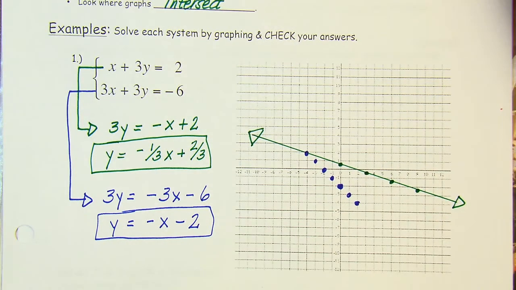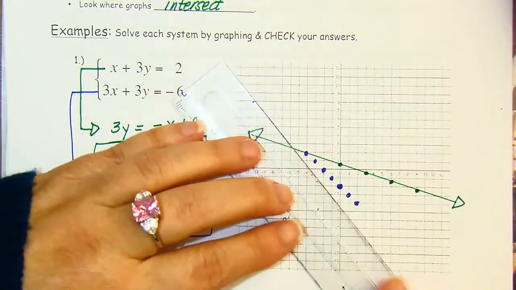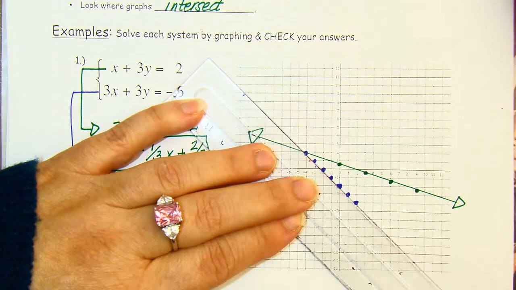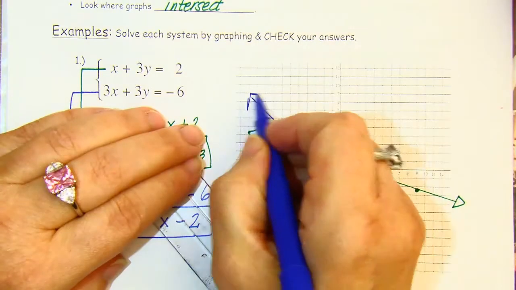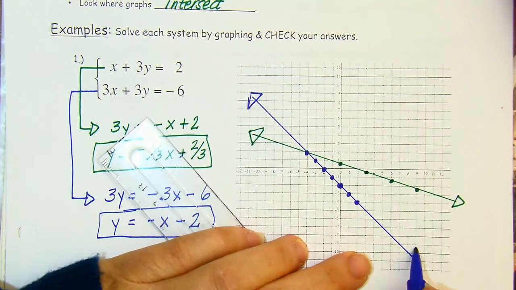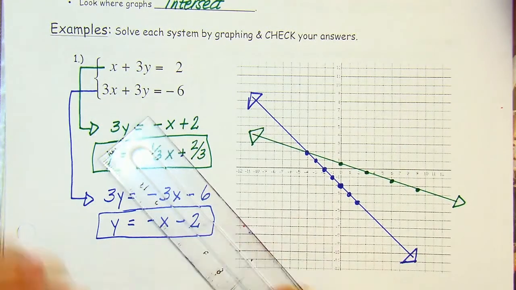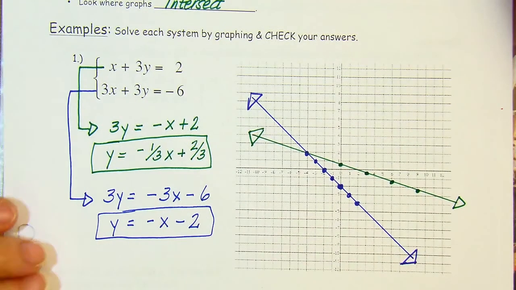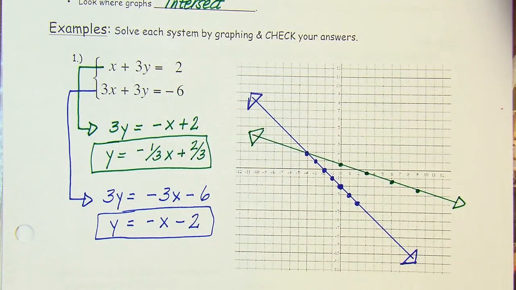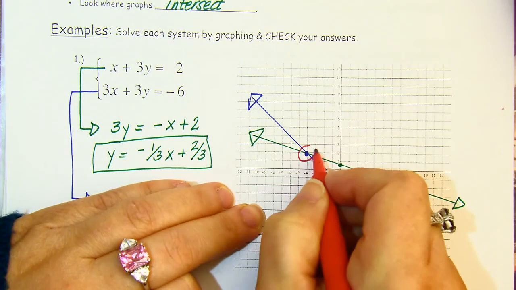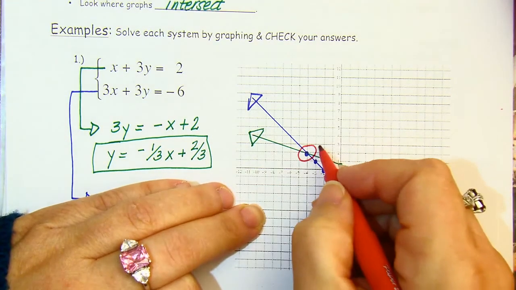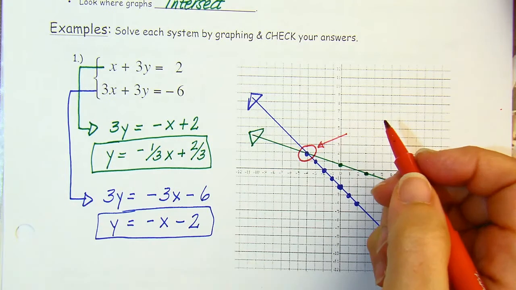I'm going to use a straight edge to make my lines longer. You have to draw the arrows because the line keeps going. And notice that the two lines intersect at this point right here. And so that's my solution to the system of equations.